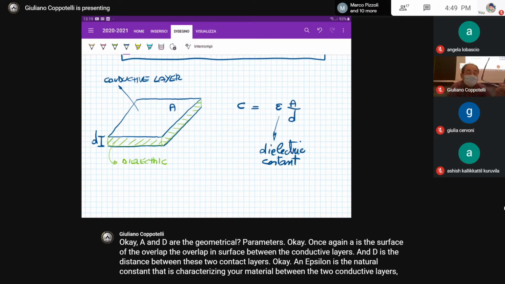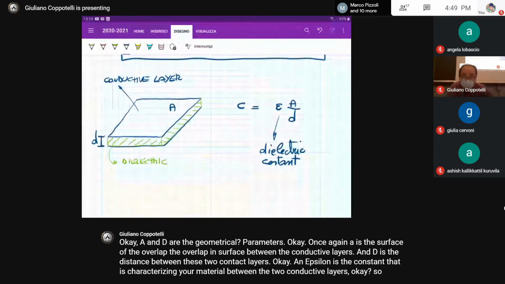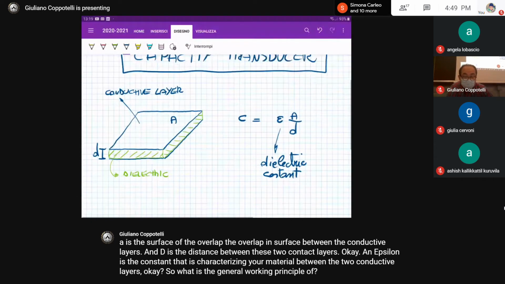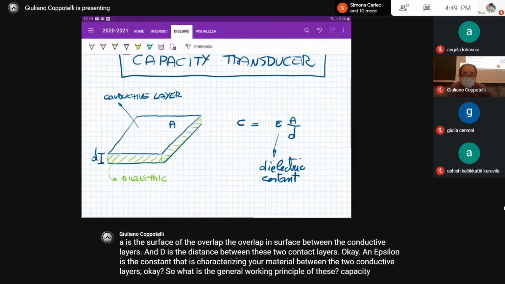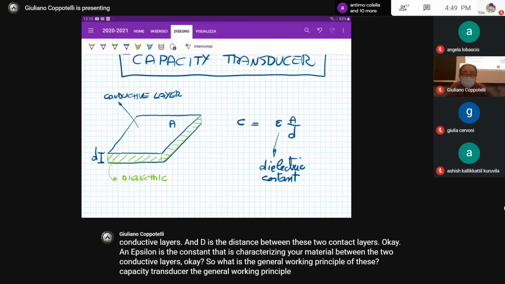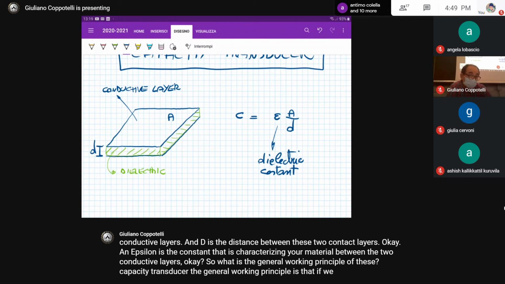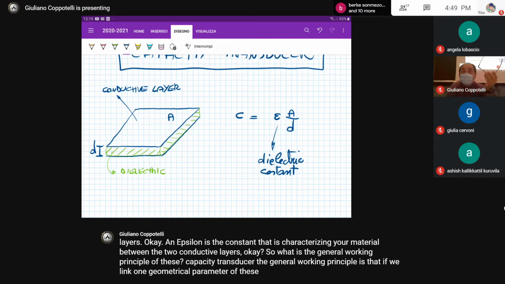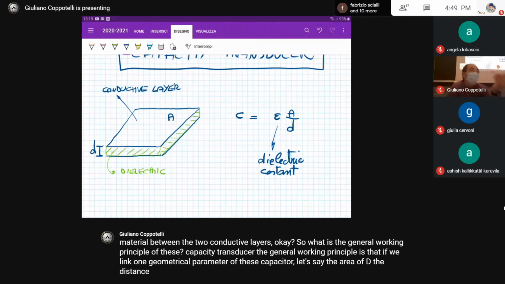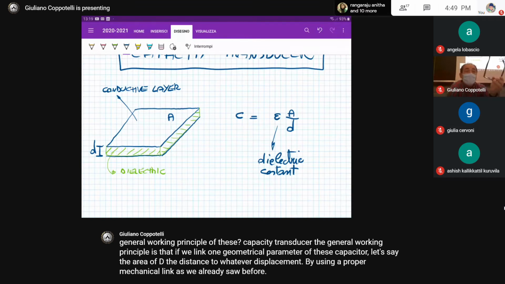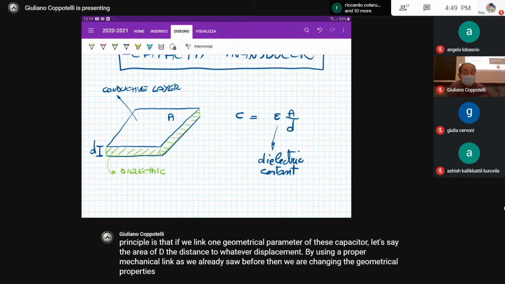Okay. So, what is the general working principle of this capacity transducer? The general working principle is that if we link one geometrical parameter of this capacitor, let's say the area or D, the distance, to whatever displacement by using a proper mechanical link, as we already saw before, then we are changing the geometrical properties of this capacitor.